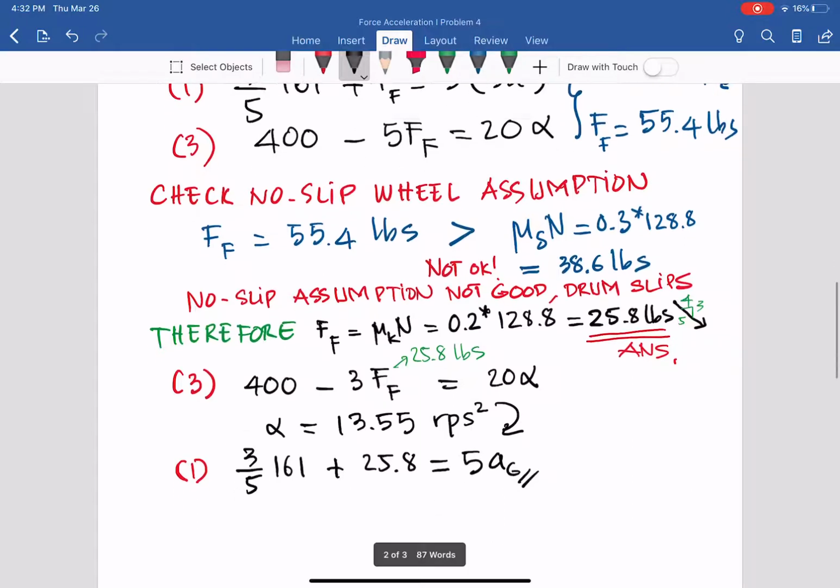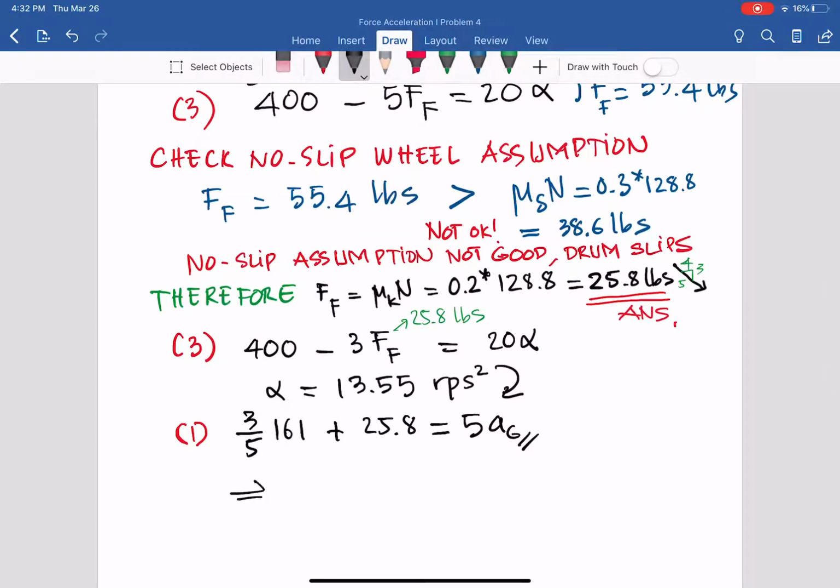So from that you can have a_G parallel equal to, let's see what that equals, 0.6 times 161 plus 25.8, divided by 5, which equals 24.5 feet per second square and going down.